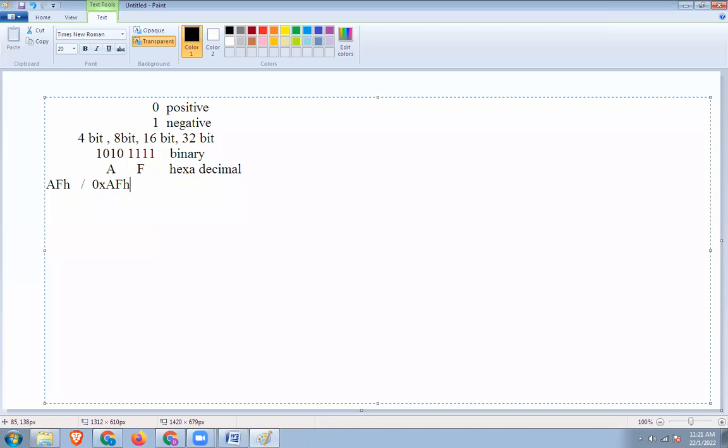I hope these things are understood. Now I am talking about 8-bit numbers. The 8-bit numbers start from 0 to 255 if I write in decimal.